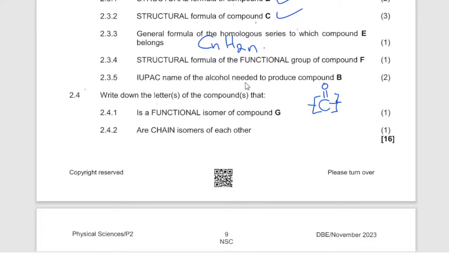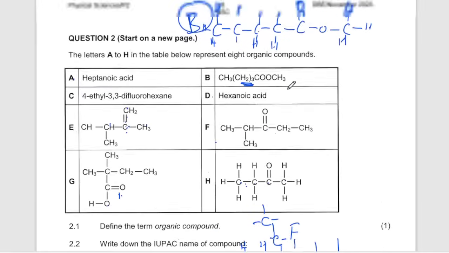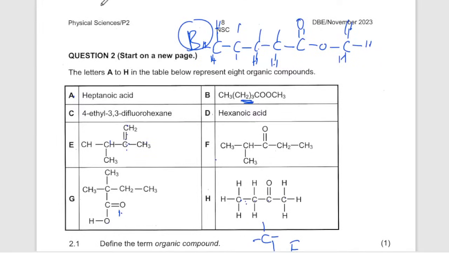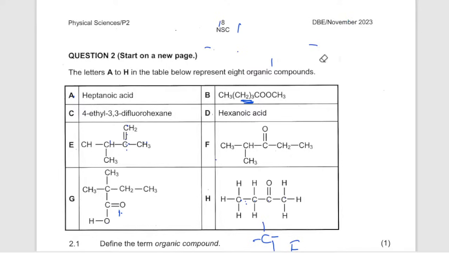IUPAC name of the alcohol needed to produce compound B. Where is compound B? Compound B is an ester. Since compound B is an ester, let's see which alcohol is used to form this ester.